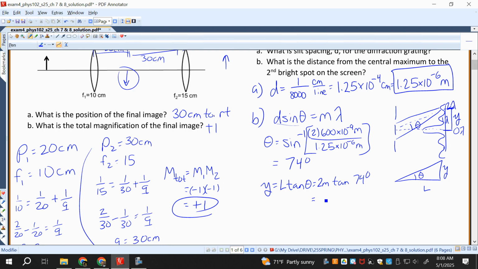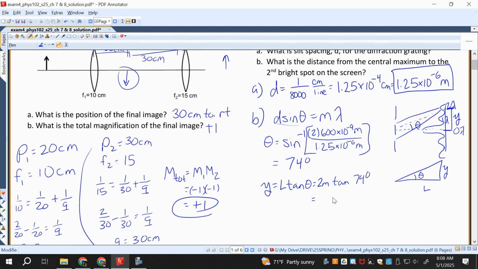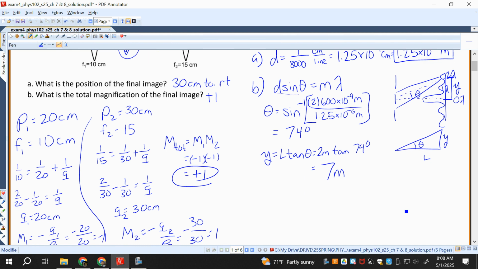That's equal to 2 tan of 74, which is 7 meters. I didn't draw it very well because I drew it as an acute angle, but really it's a bigger angle, so it's really sort of like this. It's a pretty big angle. This angle, and then this is the 7 meters, and this is the 2 meters.